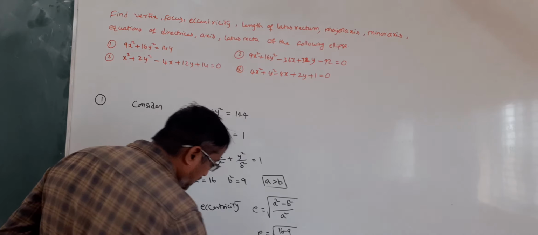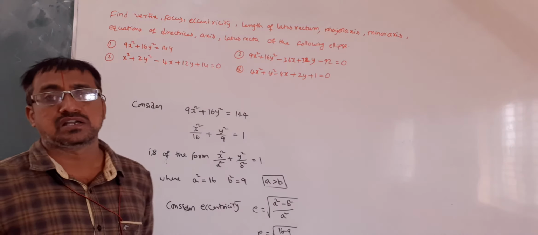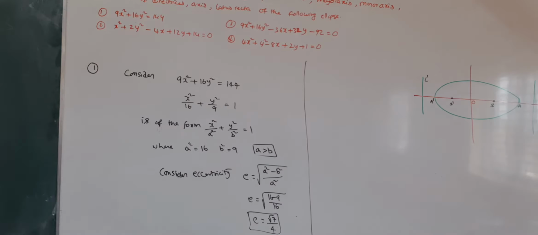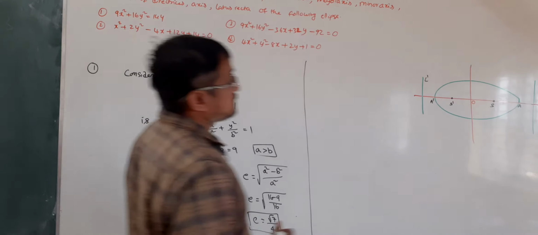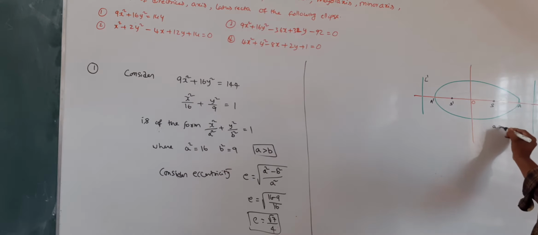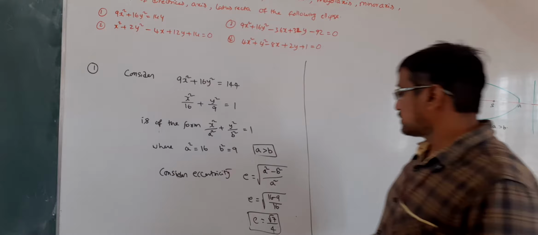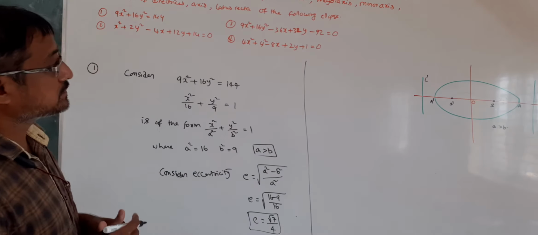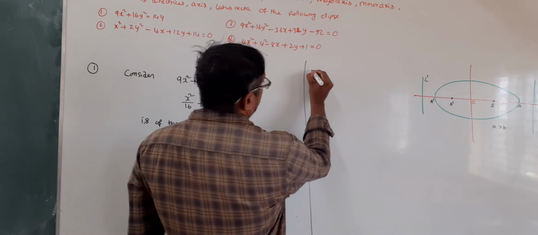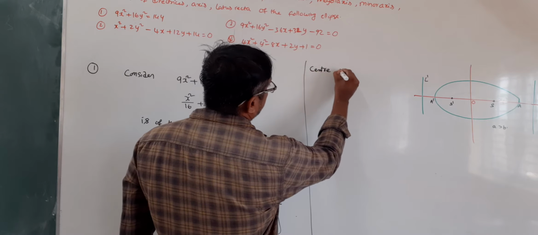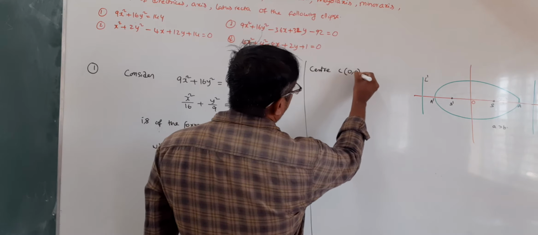Now you have the eccentricity of the ellipse. Now this is the standard form of the ellipse, where a greater than b. Now you have to find all the given data. Center of this ellipse is (0, 0).